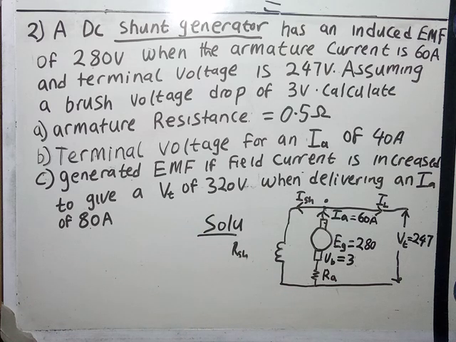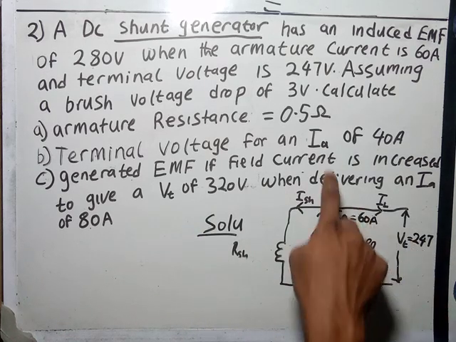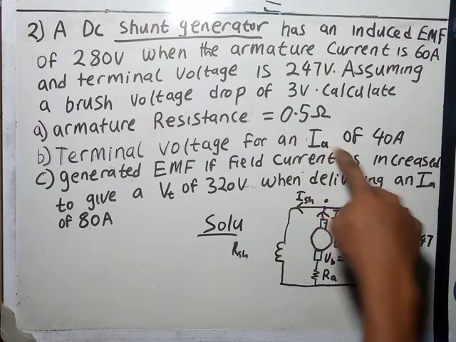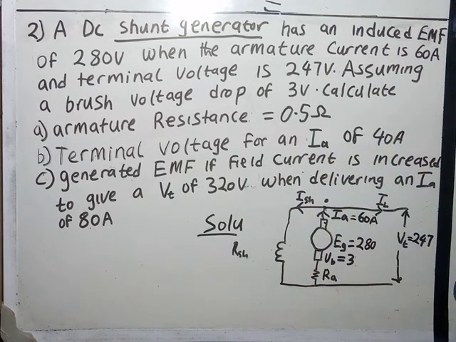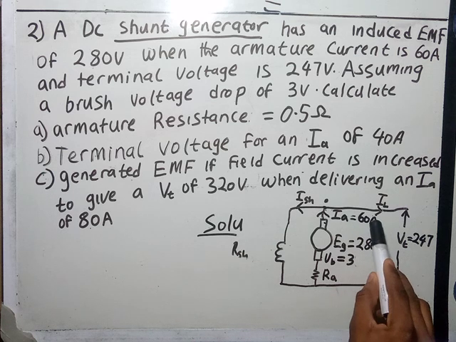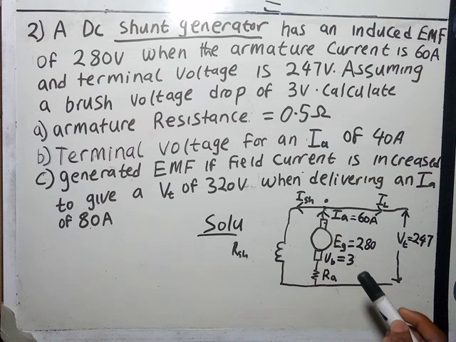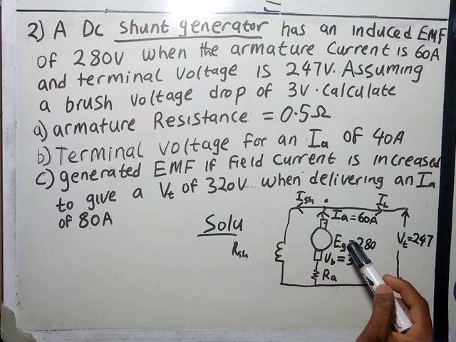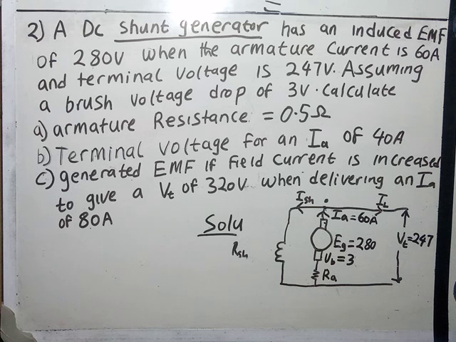So they want us to get VT when IA is now 40 ampere, but the other parameters will still remain the same. Only what will change is our value of IA. We have gotten RA, we know what VB is, we know what EG is. We just simply use it to get our VT.